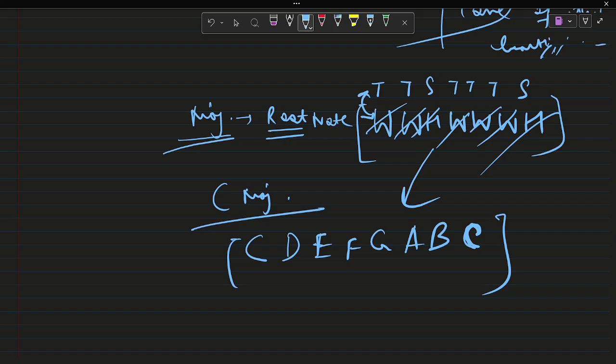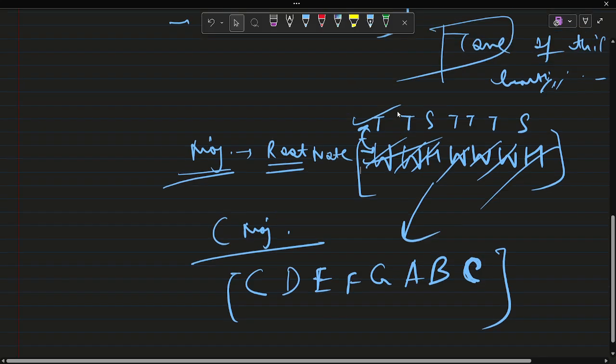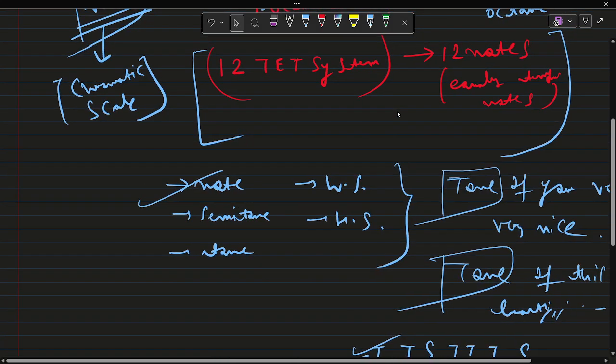None of this is incorrect. Both of them are correct. You can define it as per your notational understanding, right?